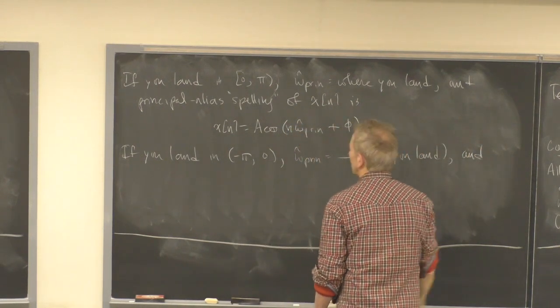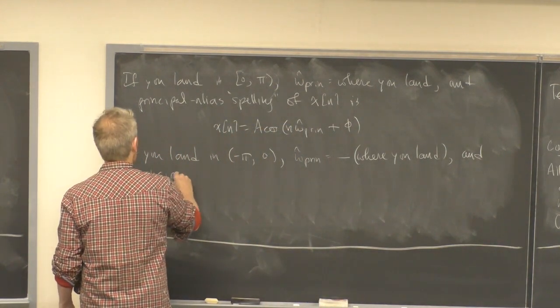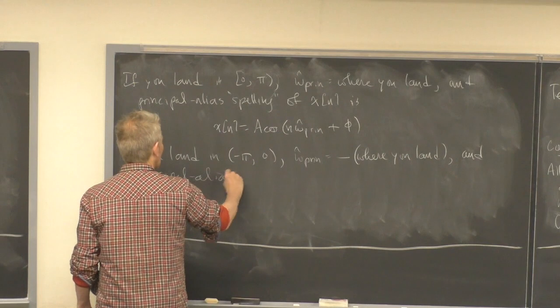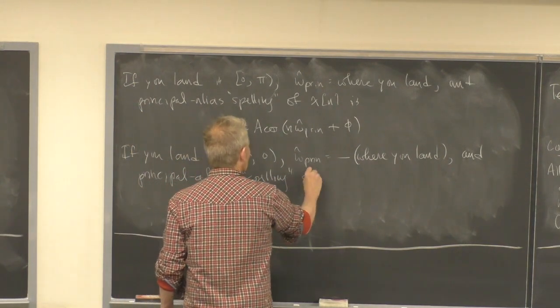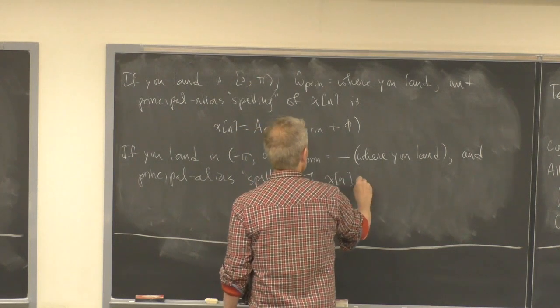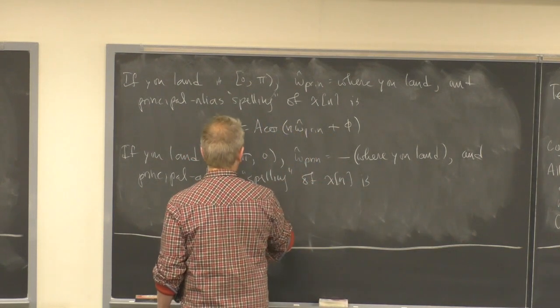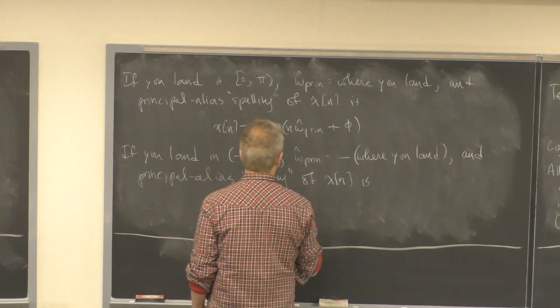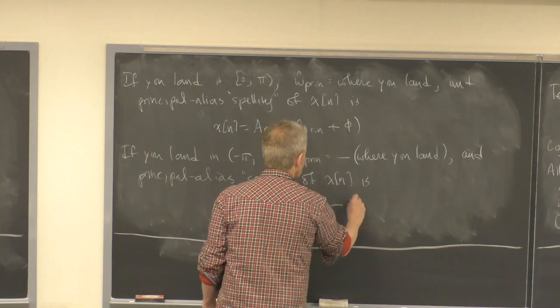And the principal alias spelling of x of n is going to be x of n equals a cosine n omega hat prin minus v.